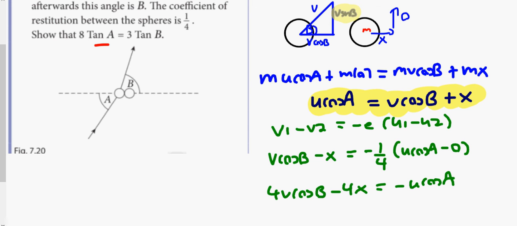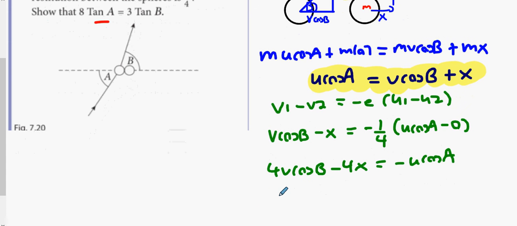And I'm hoping to get rid of the X. So when I multiply that by 4, I'm also going to reverse the direction at the same time. So it's going to be 4U cos A equals 4V cos B plus 4X. Then I'm going to add directly down.